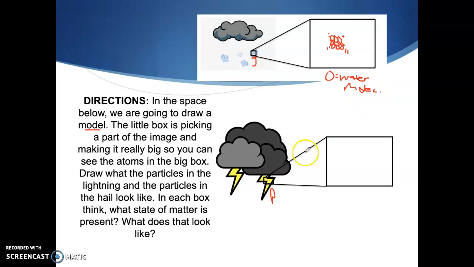Now plasmas, remember, they have particles that are spread apart. You've got your big ones. Some of these are positively charged. I'm going to do one more, just so it's pretty clear. Some of these are positively charged, some are negatively charged, some are neutral.